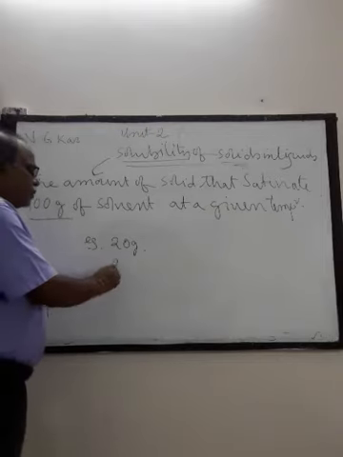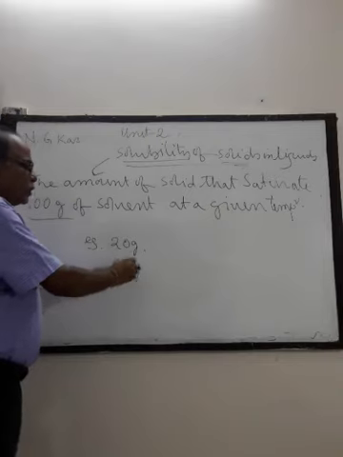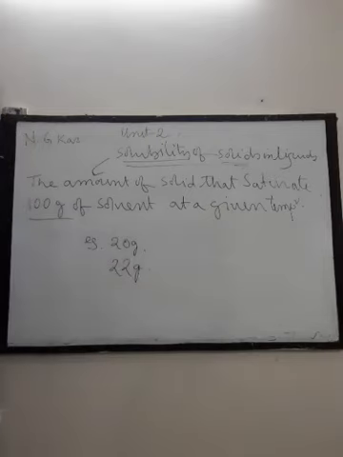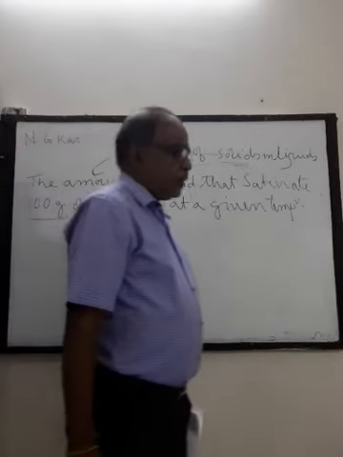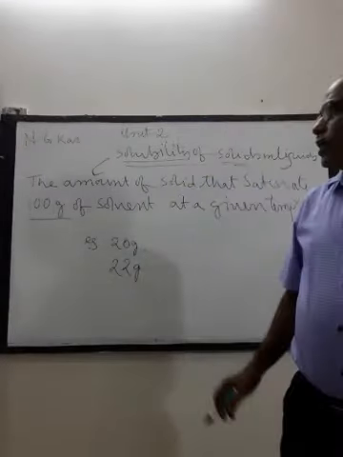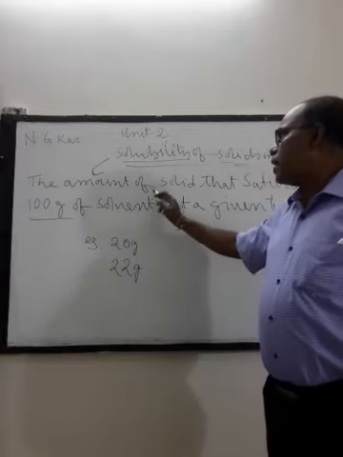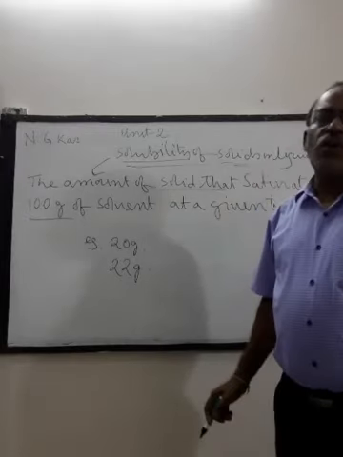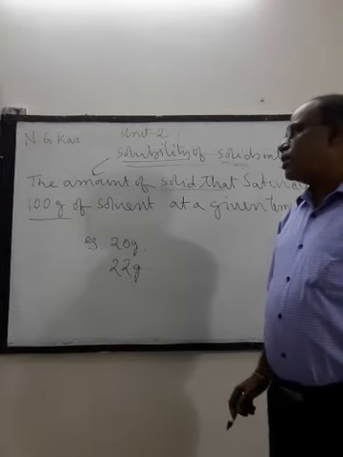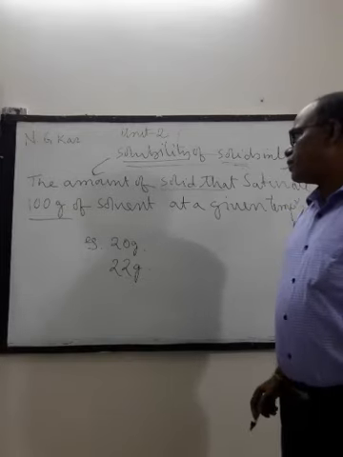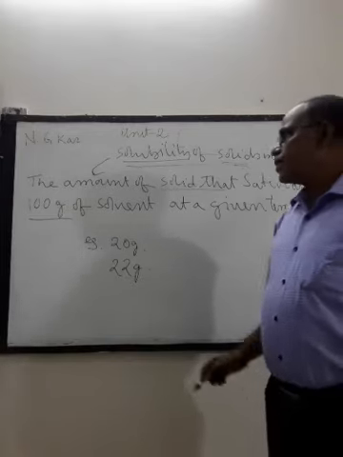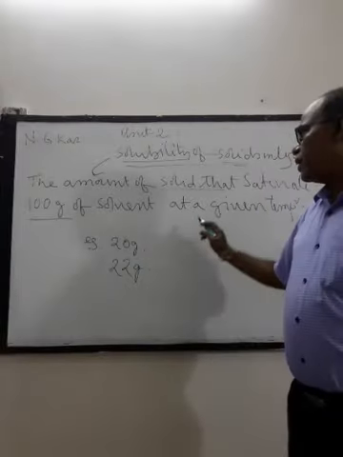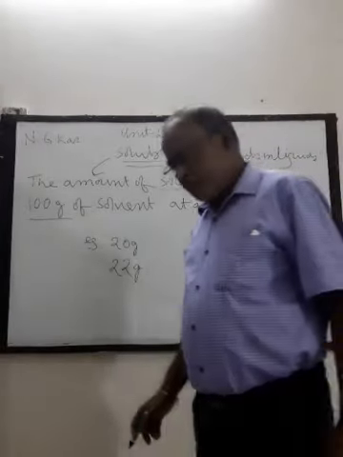If solubility of potassium chloride is 22, it means that 22 gram of potassium chloride required to saturate 100 gram of solvent or water. So what is solubility? Solubility is the amount of solid or solute required to saturate 100 gram of solvent at a given temperature.